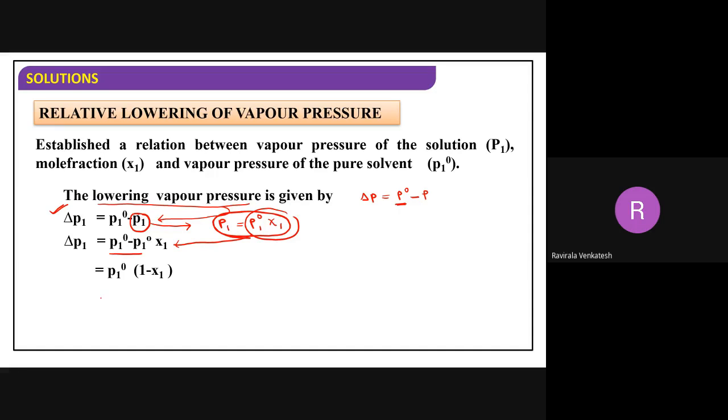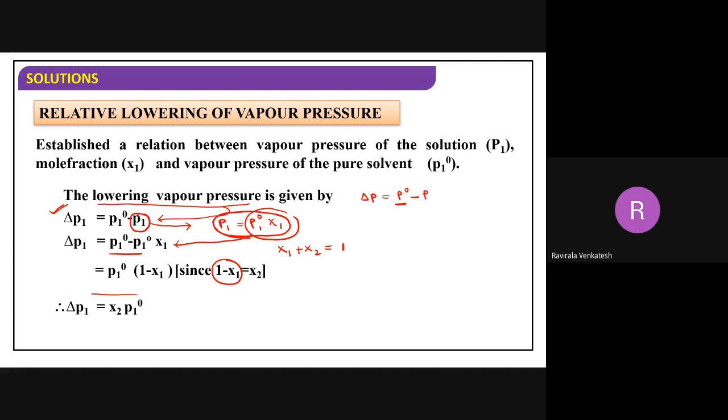Now, take P1 naught common here. When you take P1 naught common, what do we get, beta? P1 naught into 1 minus X1. But already you know 1 minus X1 is equal to X2, because mole fraction of 1 plus mole fraction of 2 is equal to 1. So delta P1 is equal to mole fraction X2 into P1 naught.